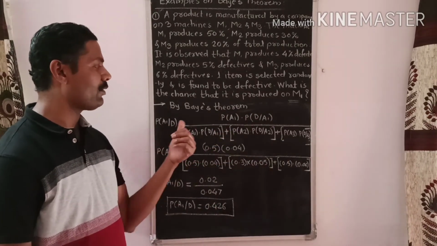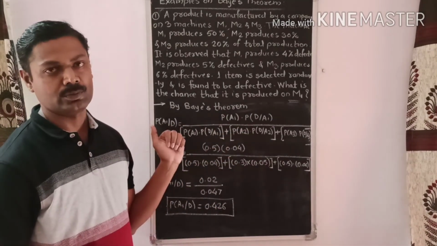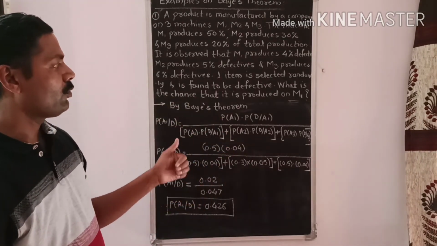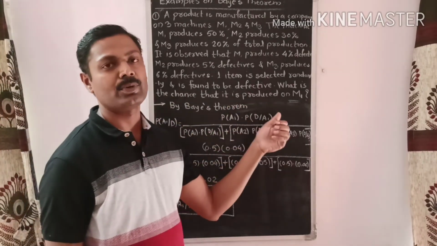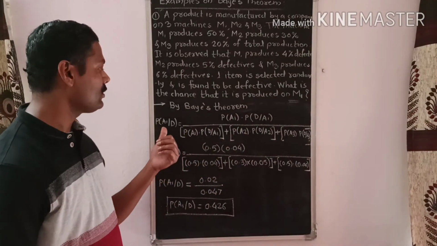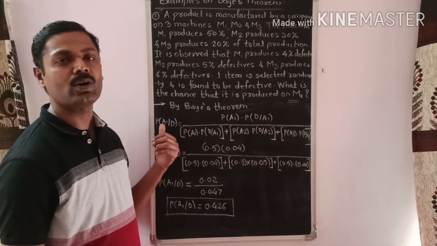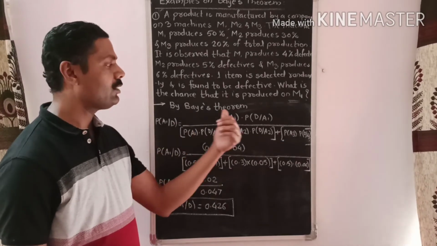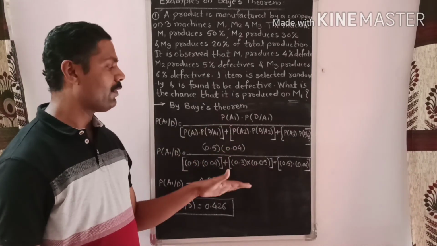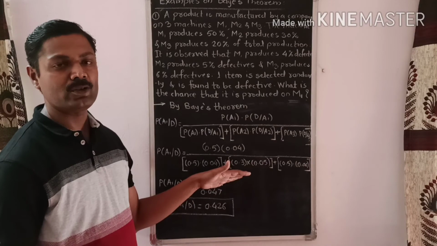And if we are going to find that it is produced on machine M3, just take A3 instead of A1 or A2 in the whole formula. Put the required values and you will get the answer.